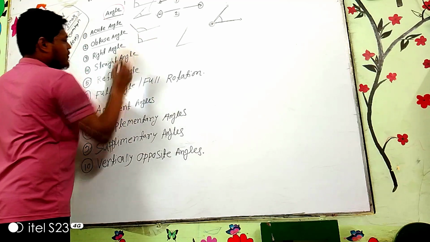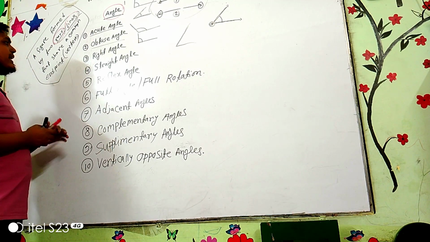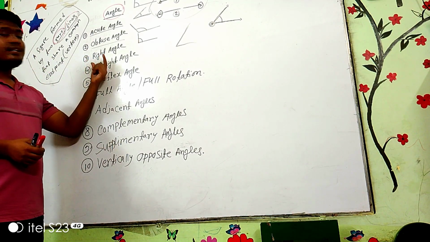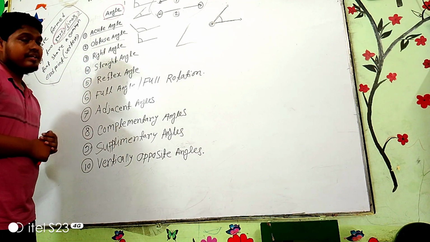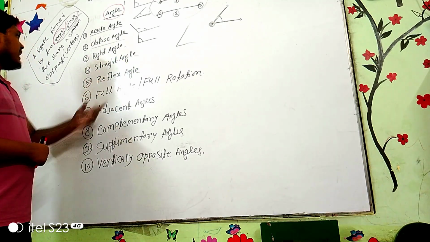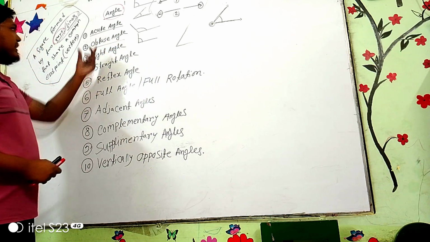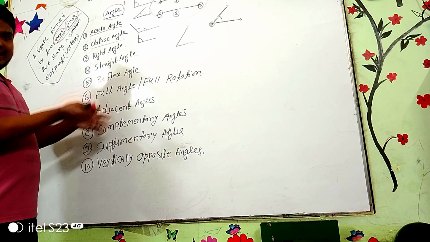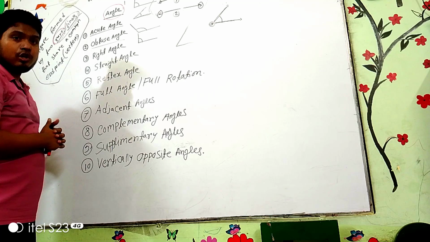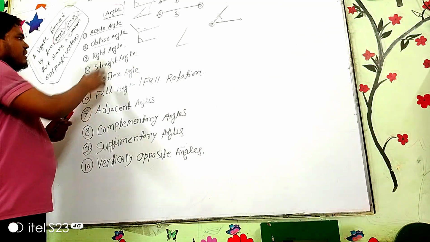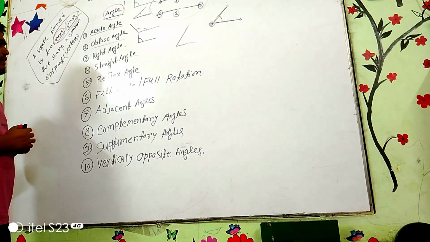So we can say right angle is exactly 90 degree, obtuse angle is greater than right angle, and acute angle is smaller than or less than a right angle.